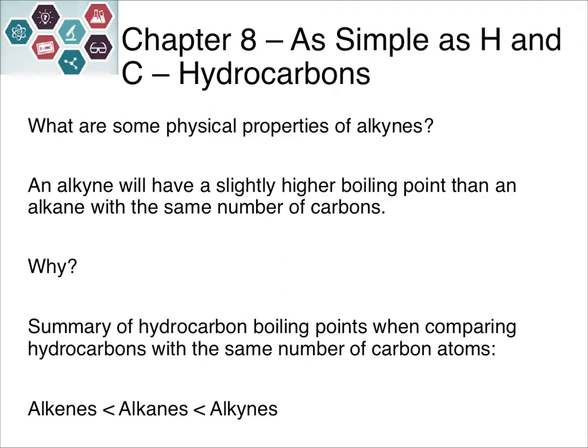For physical properties, our alkynes are going to have a slightly higher boiling point than the alkenes and alkanes. So it's going to actually be higher than an alkane, which makes it the highest overall. Now we said alkenes have a lower boiling point than alkanes because we lose 2 hydrogens.